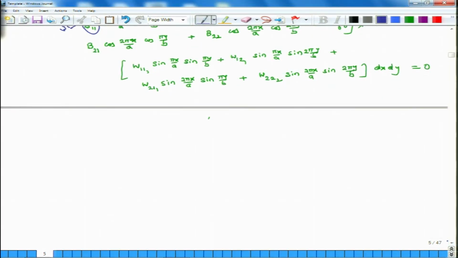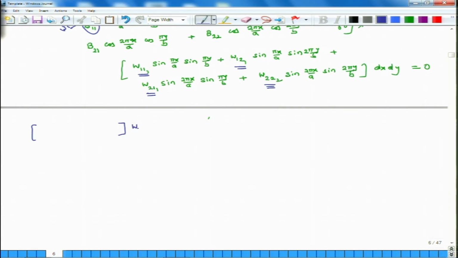So, once I do that, what I will get, and then we have these coefficients W111, W121, W211 and W221. I will get 4 blocks of terms.